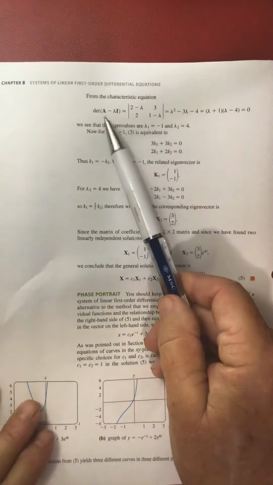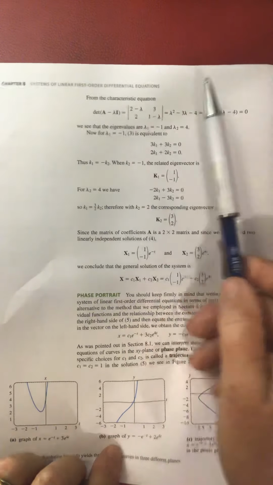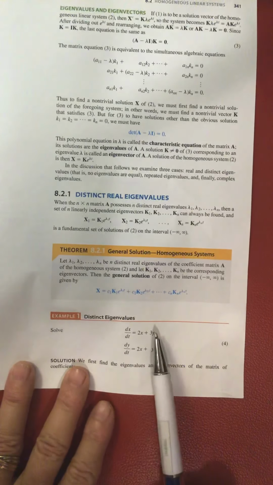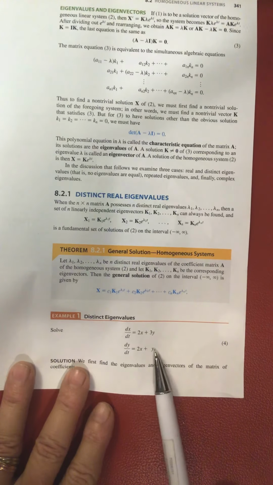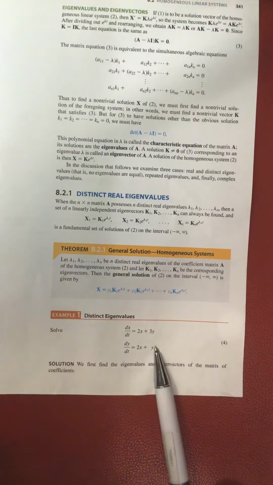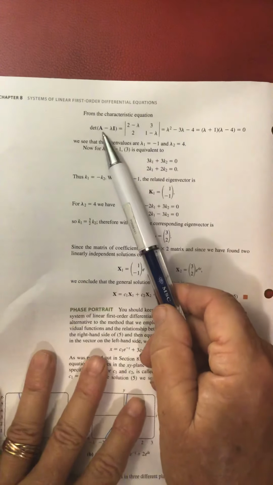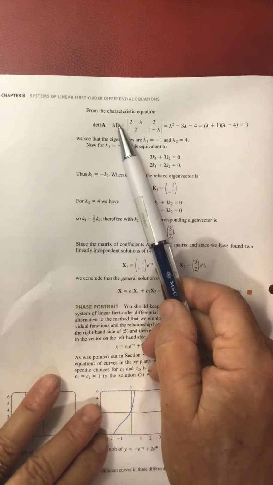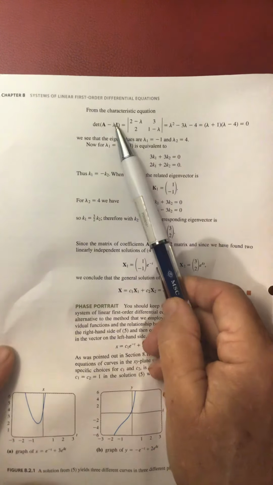So we need to figure out this determinant. The matrix A is 2, 3, 2, 1. So that's what A is. The identity I is 1, 0, 0, 1, 2 by 2.